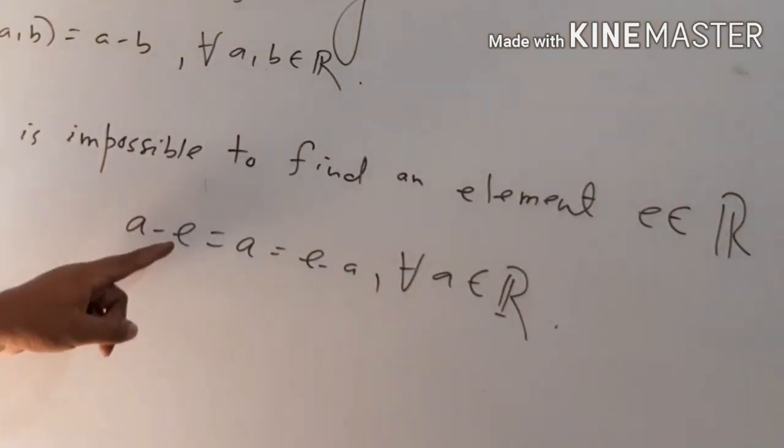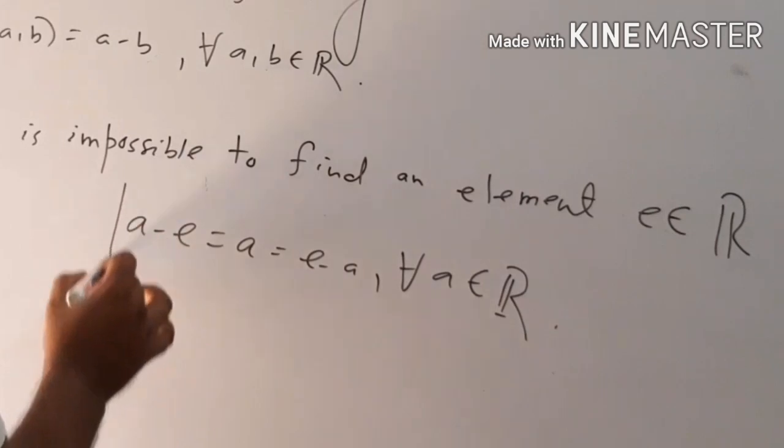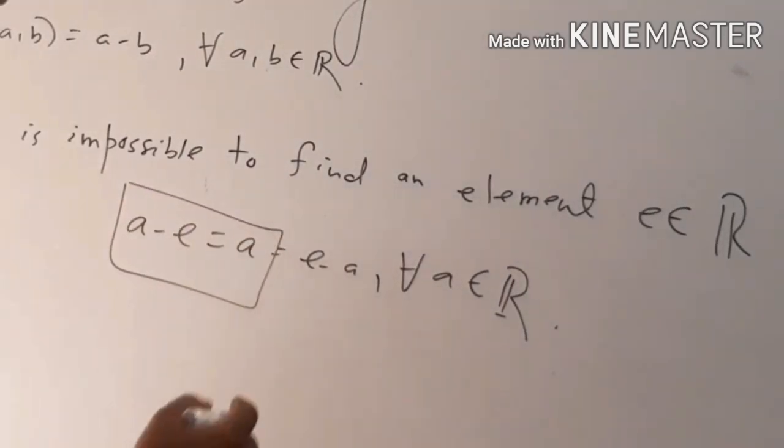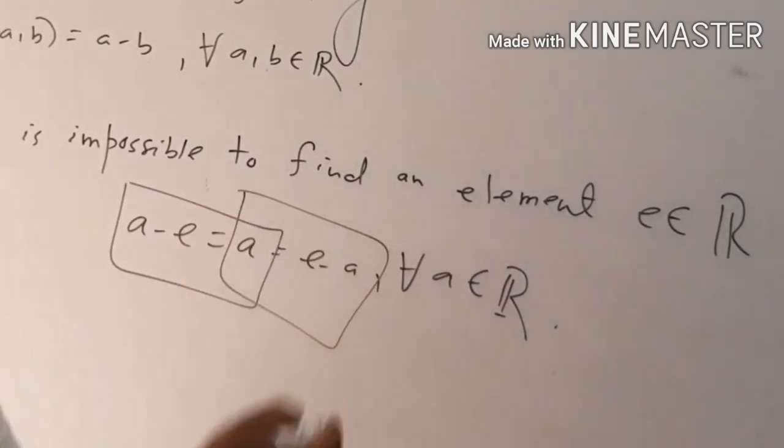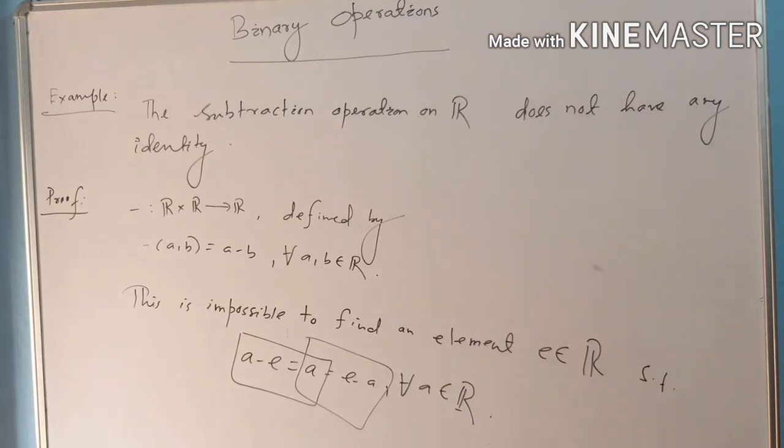If I take E equal to 0, then this part is A. But what about this part? This part has to be minus A. So that is true only for the case if both A and E are 0. Otherwise this is not true. So therefore it is impossible to find an element E belongs to R such that A minus E equal to E minus A.